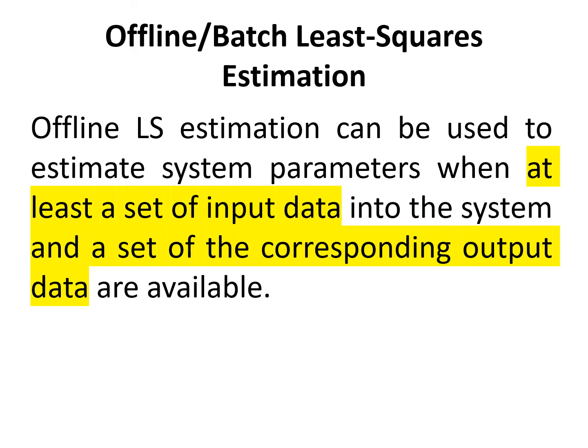Offline least square estimation can be used to estimate system parameters when at least a set of input data into the system and a set of the corresponding output data are available.